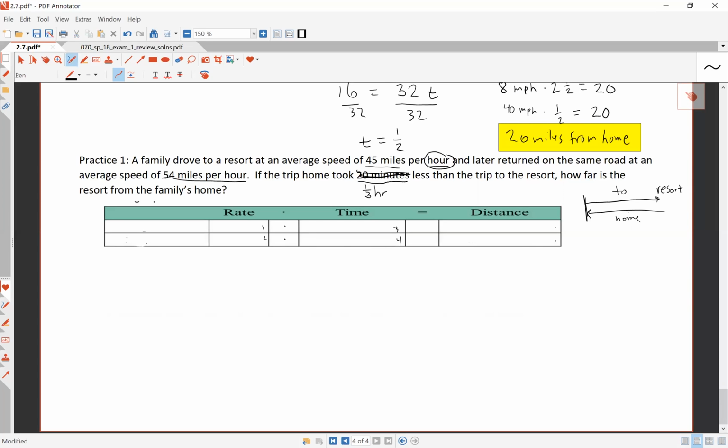So they went the same distance to the resort and home. To the resort, they drove 45 miles an hour. From the resort to home, they went 54 miles an hour.